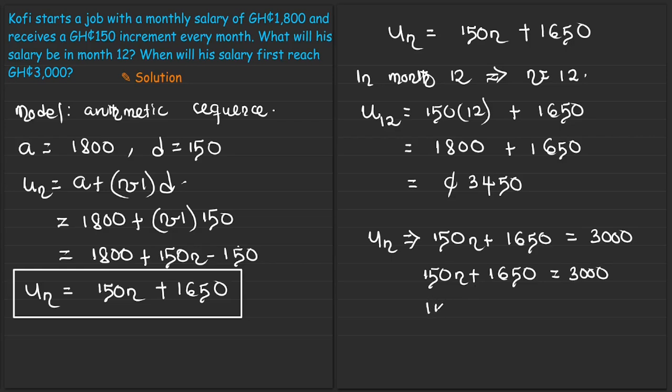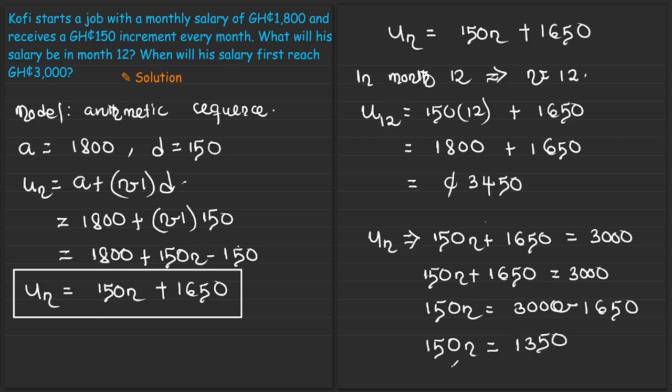Trying to make n the subject, we have 150n equal to 3,000 minus 1,650. So 150n is now equal to 1,350.